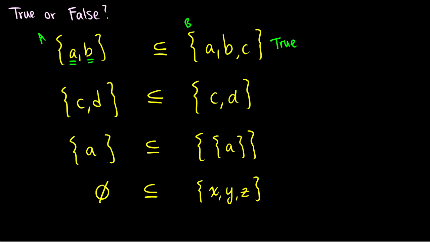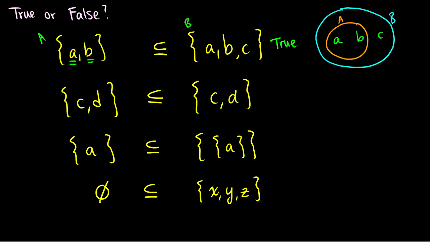And we could even draw this. We should use A, B, and C, and we can circle them, right? We can say, okay, AB is A, and then we can circle A, B, and C, which is B, and we'll notice that A is contained in B, therefore A is a subset of B. You can do it visually, or you can just do it by definition.